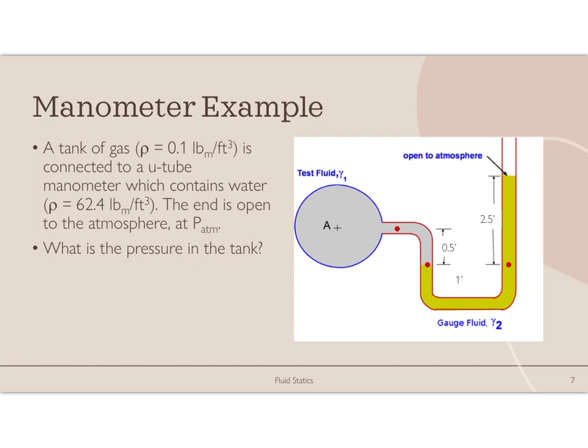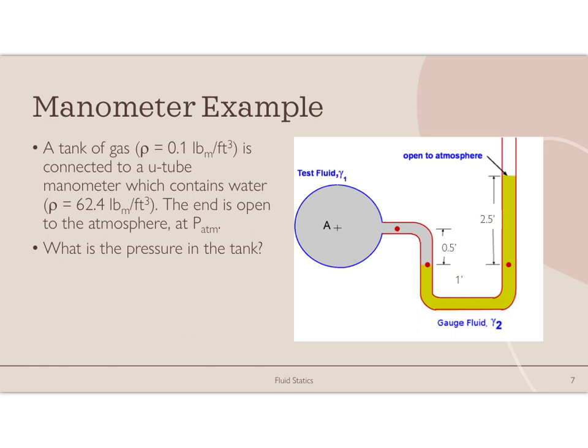So let's look at an example. In this case, we have a tank of gas. It is containing a fluid of density 0.1 pound mass per cubic foot. So gases are going to have small densities like that. It is connected to a U-tube manometer. So notice the shape of this makes sort of a U. And the manometer contains water.